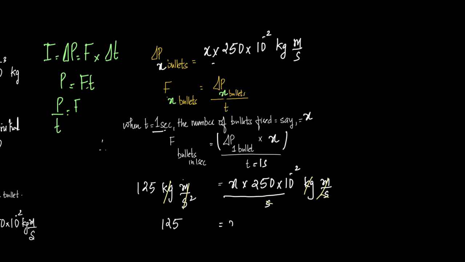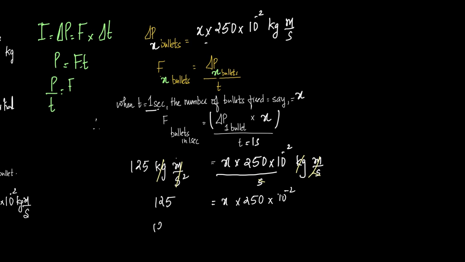Now all we get is 125 is equal to x into 250 times 10 to the power minus 2. Therefore 125 by 250 into 10 to the power minus 2 is equal to x, right?